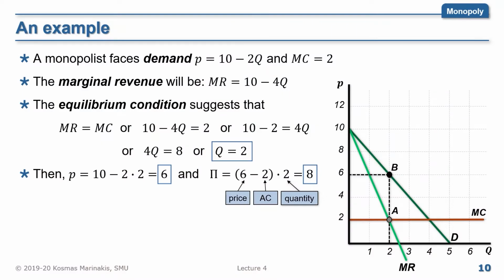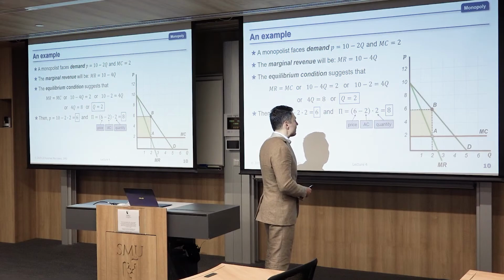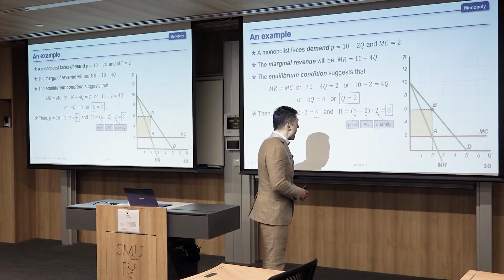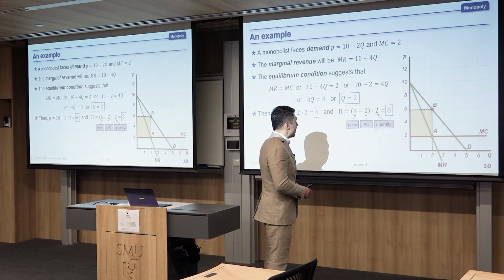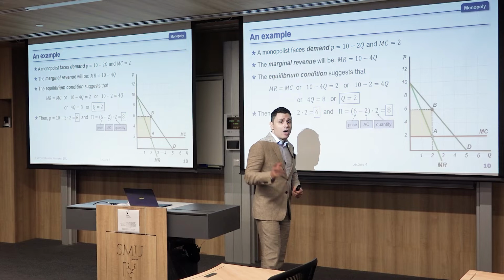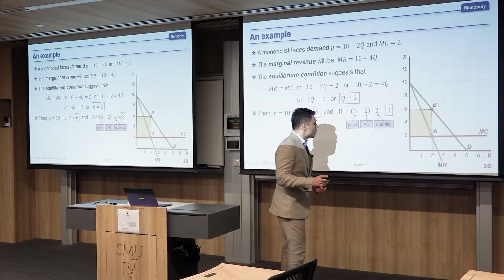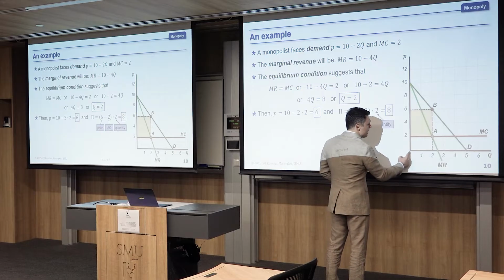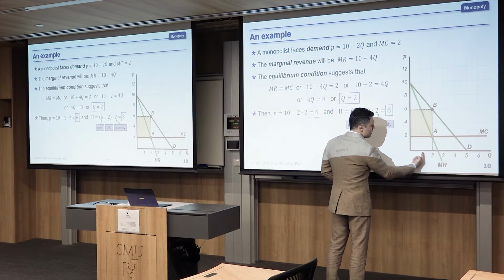All right, so here is the area of the profit. So this means that if I want to calculate this geometrically now, this is a square, and when you want to calculate the area of a square, what you do is you multiply one side by another. This side is from 0 to 2, so it's 2.